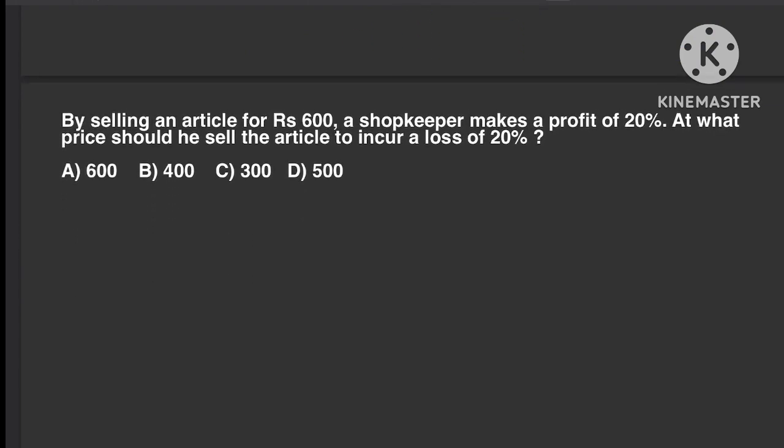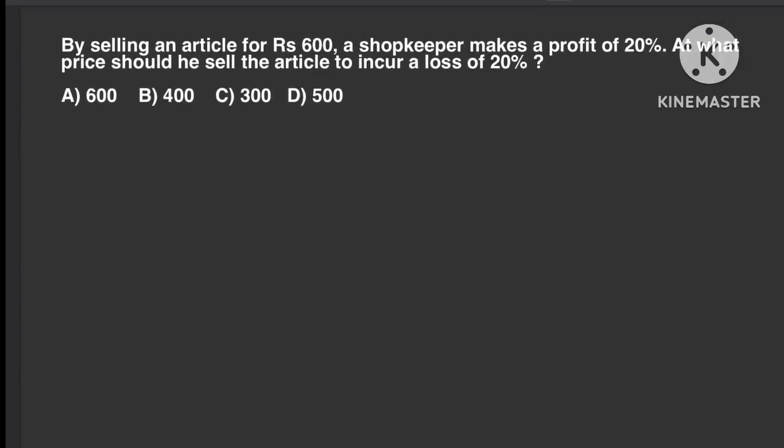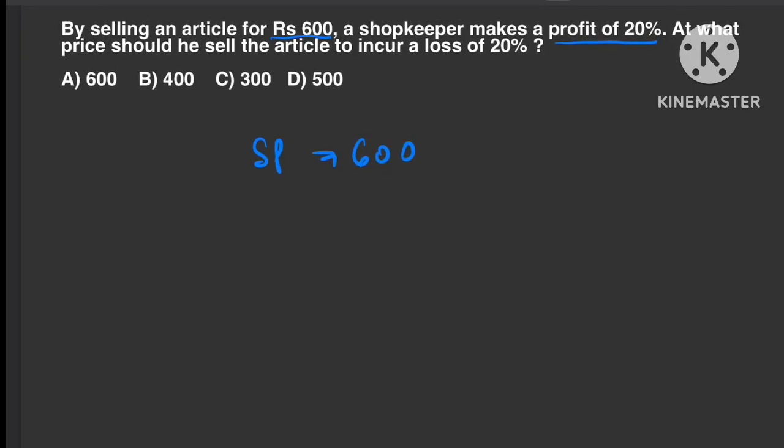Next we have, by selling an article for rupees 600, a shopkeeper makes a profit of 20%. At what price should he sell the article to incur a loss of 20%? Selling price is 600. Now the shopkeeper makes a profit of 20%.